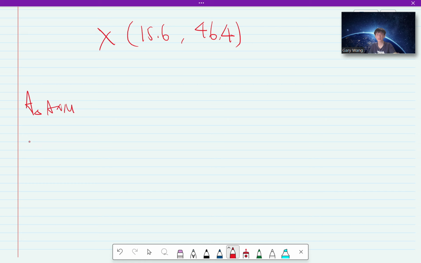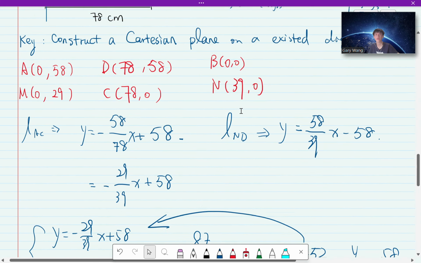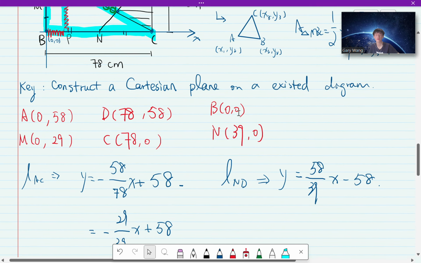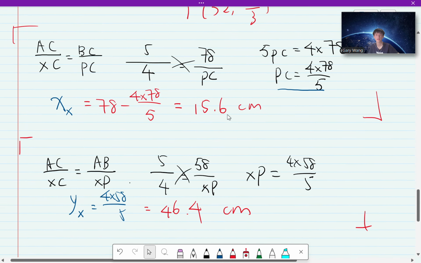First, let's list all the coordinates that we know. For triangle AXM, we want to know A, X, and M. For X, we know for sure it's 15.6 and 46.4. Let's just double check with A. I remember it's 78, 58.